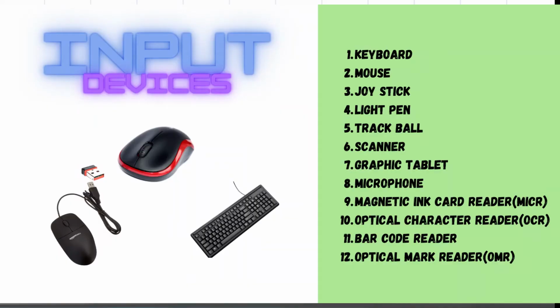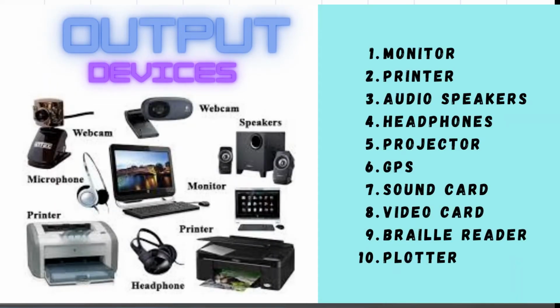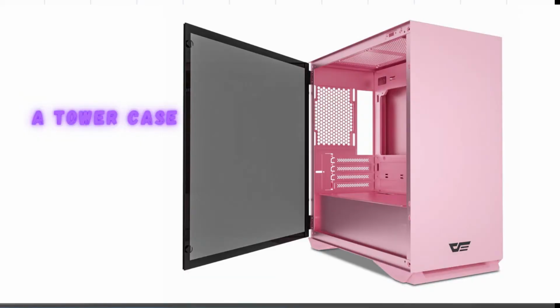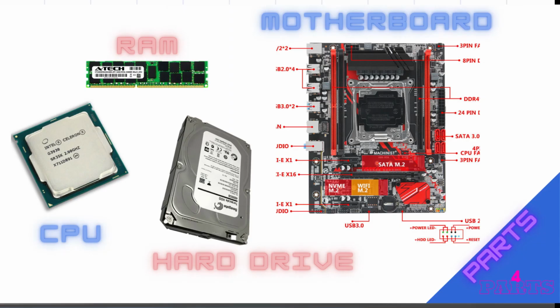Overall, I can say input devices, output device, the case. Inside of that case, we have motherboard, CPUs or CPU. If I can say CPUs, if it's a dual core or more than one CPU inside of that case, hard drive, and the memory.